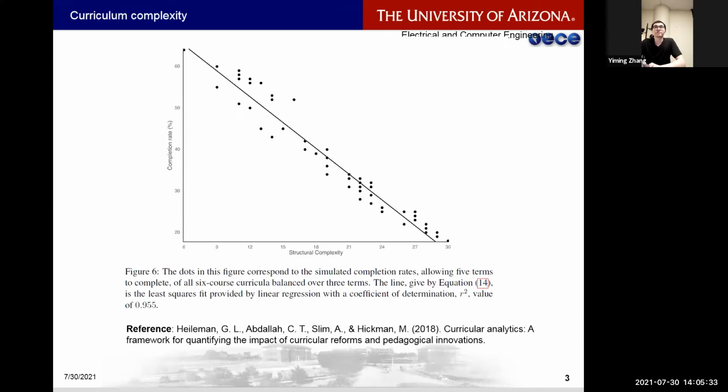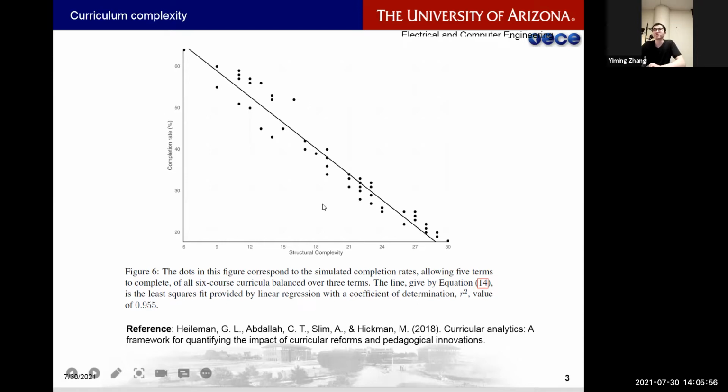Okay, so firstly, this figure is a simulation result of students' completion rate in terms of structure complexity. The horizontal axis means structural complexity of a curriculum, and the vertical axis means students' completion rate. And these dots are simulation results.